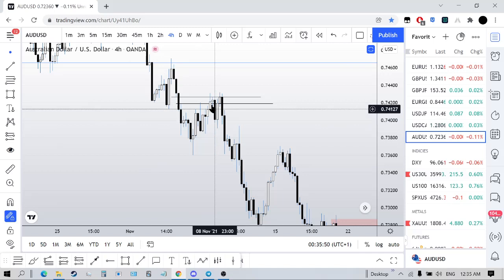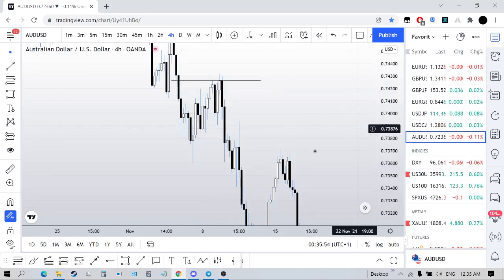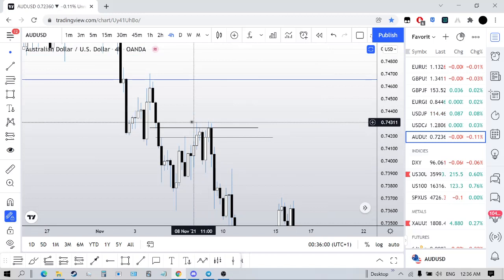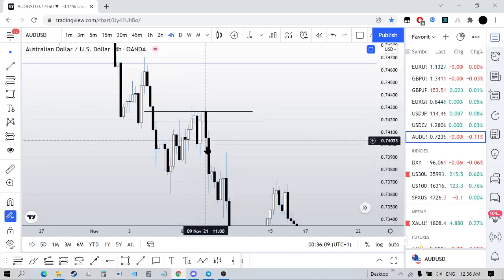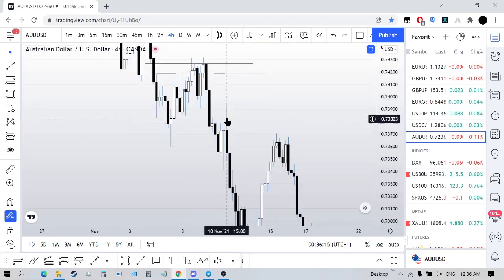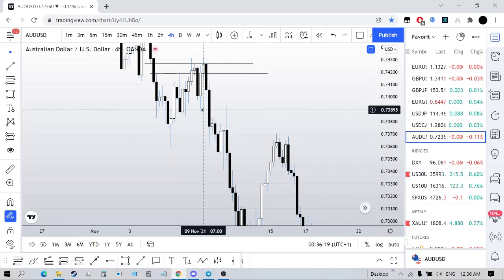Once price came into here and broke down, you could expect this up close candle to hold, which it did. It wicked above a little bit, but it still closed inside of it. That's why you don't really have tight stop losses like that. Once it broke down, you have two consecutive up close candles right here. You can see how this 4-hour came right into it.